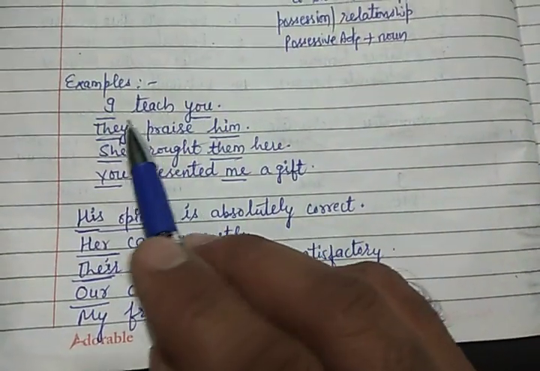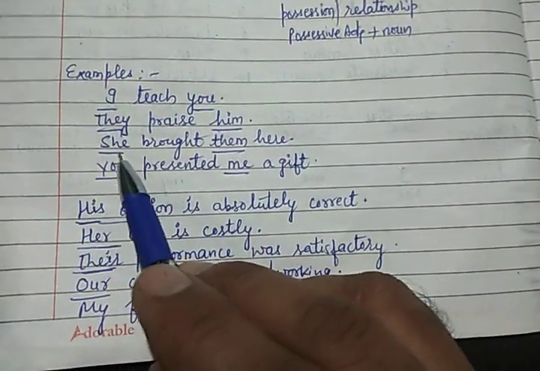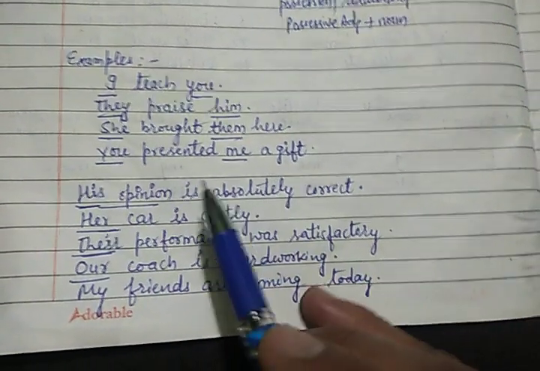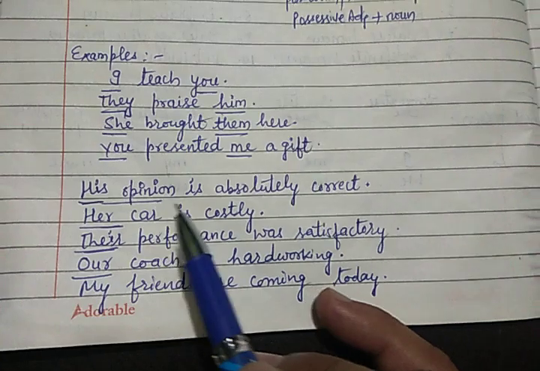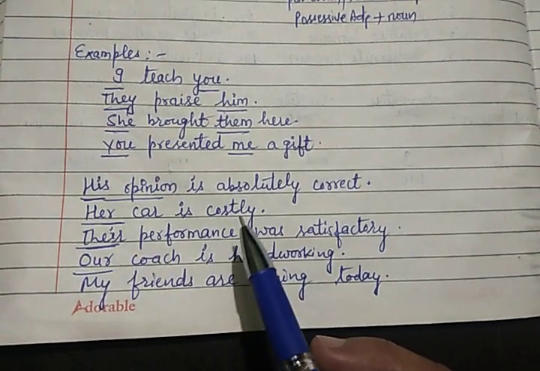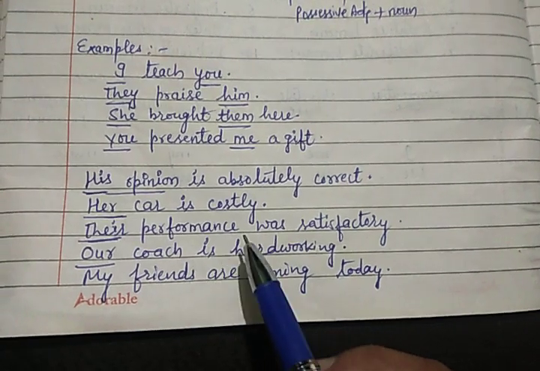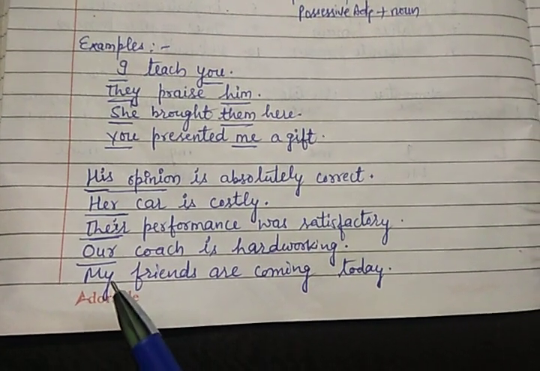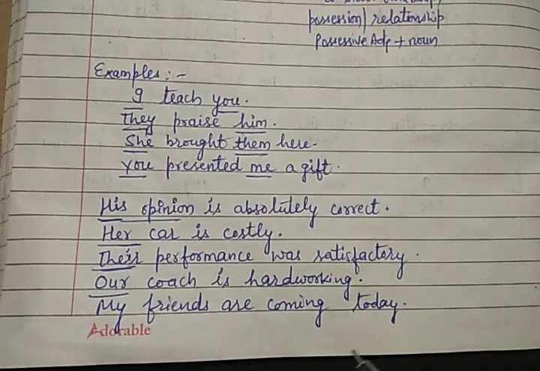I teach you. They praise him. She brought them here. You presented me a gift. His opinion is absolutely correct. Her car is costly. Their performance was satisfactory. Our coach is hardworking. My friends are coming today.